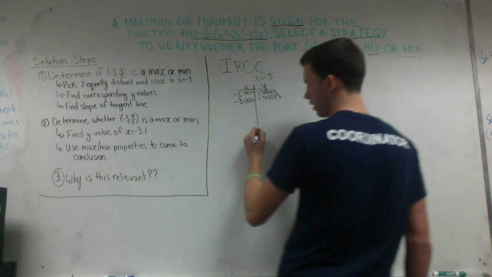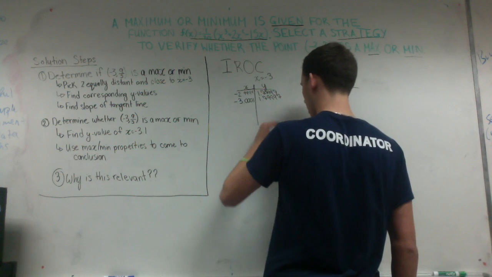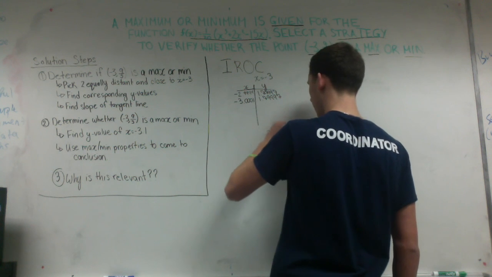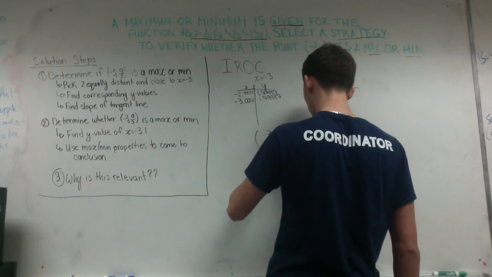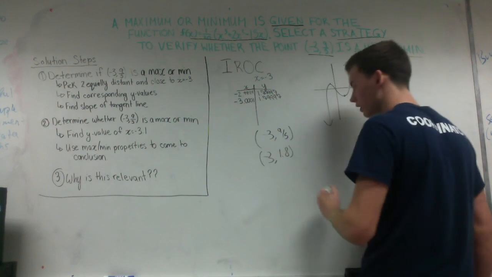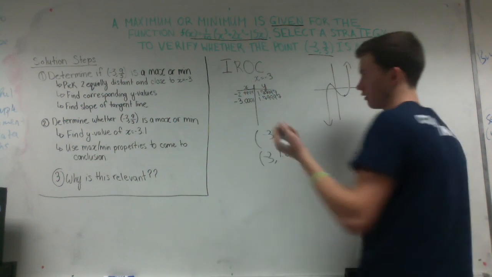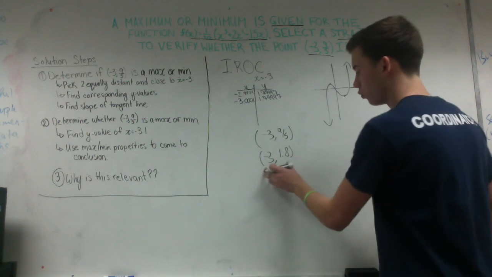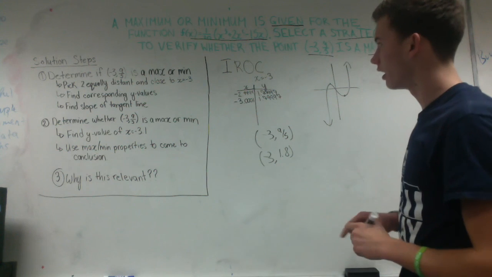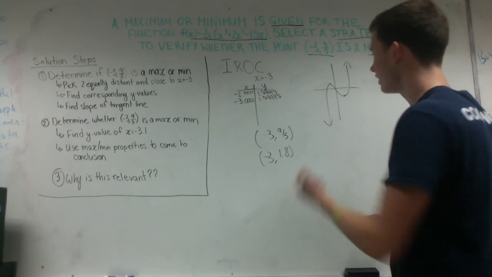Because if we compare the point negative 3, 9 over 5, that can be rewritten as negative 3, 1.8, and 1.8 is indeed greater than 1.79997. So we can conclude that negative 3, 9 over 5 is our max.